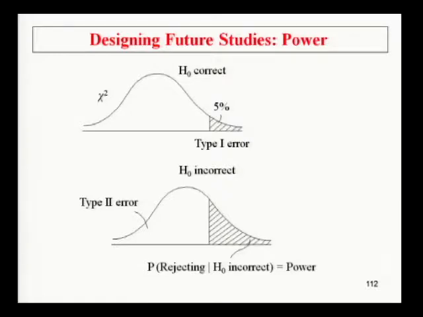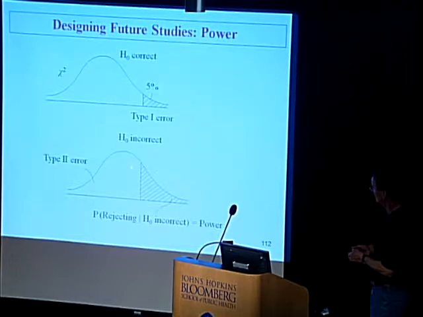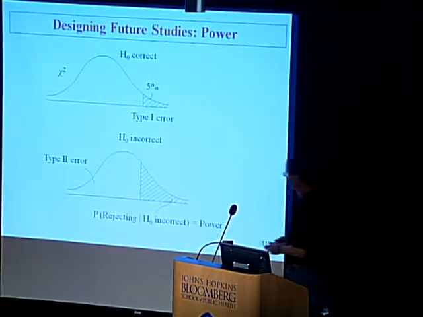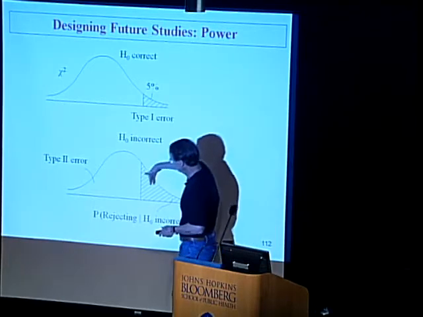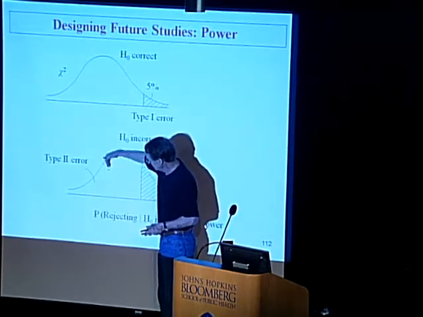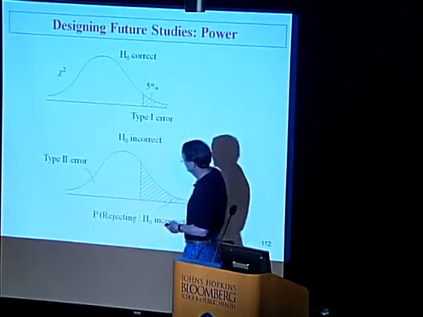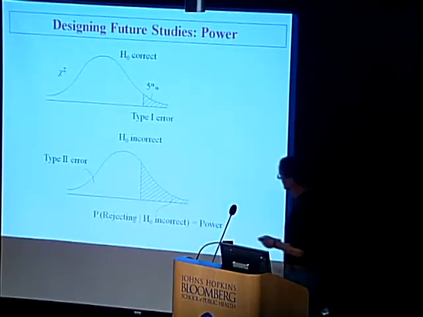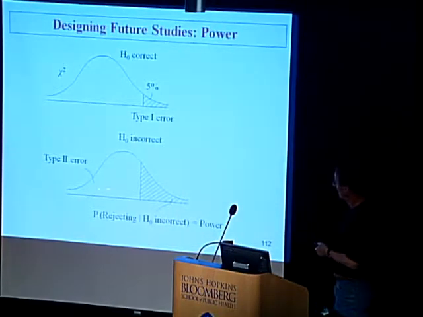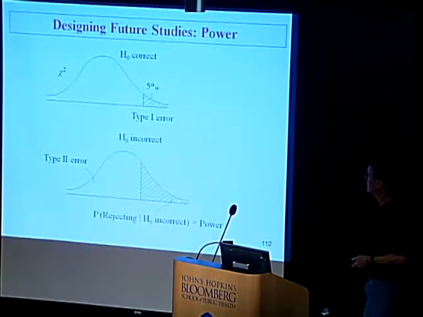And in this case, when the H0 is incorrect, you can make a type 2 error, which is not rejecting the model when it's incorrect. So in typical cases, you want the shaded area to be large, say 80% of the plot of the distribution, whereas the type 2 error is fairly small.